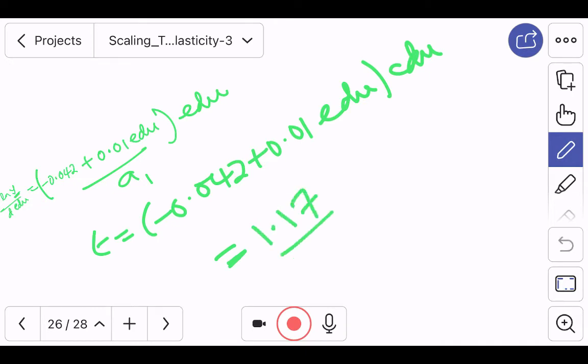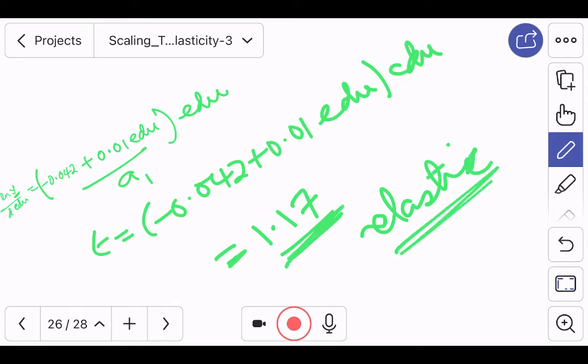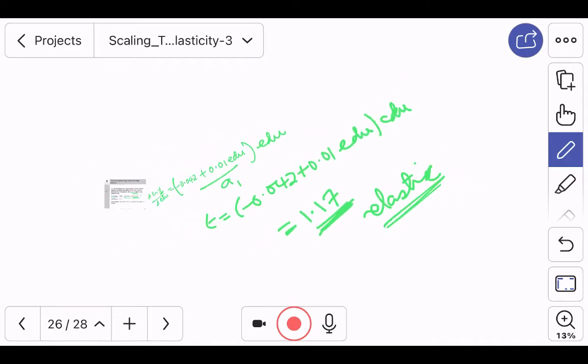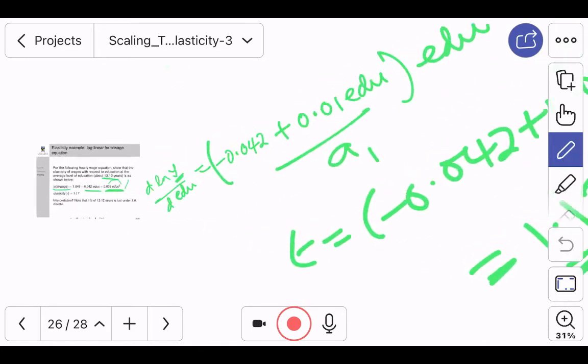So what this is telling us is, if someone increases their level of education by 1%, their hourly wages go up by 1.17 percentage points. So this is elastic, because the response is more than proportionate. So that's how it works.